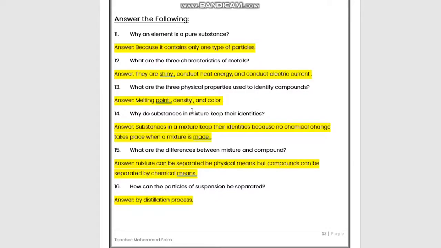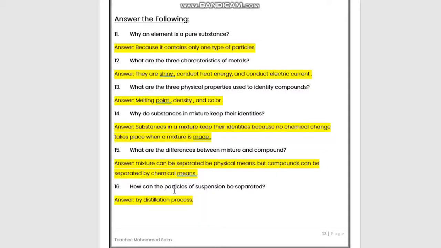Why do substances in a mixture keep their identities? Substances in a mixture keep their identities because no chemical change takes place when a mixture is made. What are some differences between mixtures and compounds? A mixture can be separated by physical means, but compounds can be separated by chemical means.